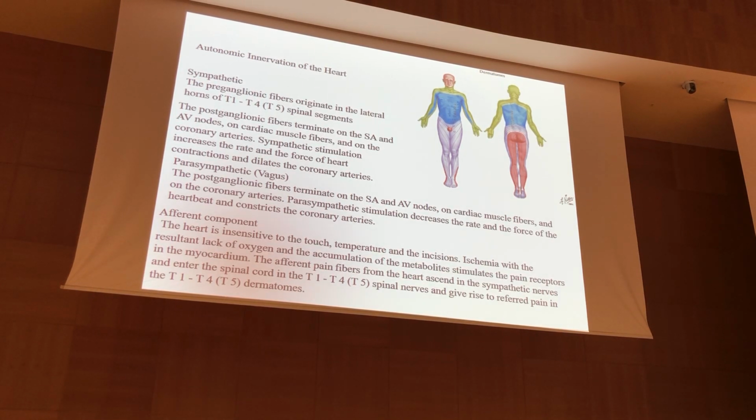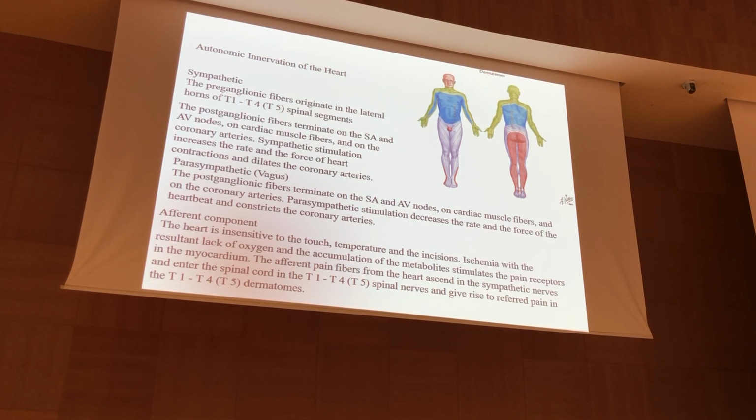So he's going to interpret the pain as if it is coming from the chest wall. Now, the area of the chest wall that is supplied by T1 to T4, which we call dermatomes, is the area of your left chest and left shoulder. Okay? So if you look at the dermatomes here, T4, T3, T2, T1, it is that area on the left.